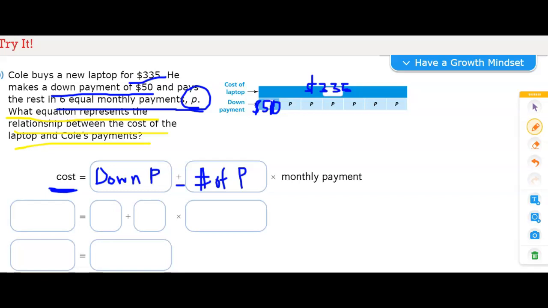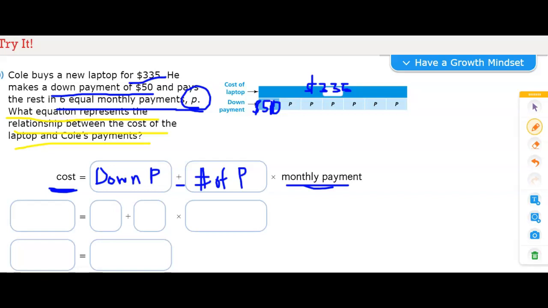That's separate. And then we're multiplying the number of payments by the amount, which we don't know yet, the amount of the monthly payments, because that will give us the total amount of the payments he's making over the 6 months.